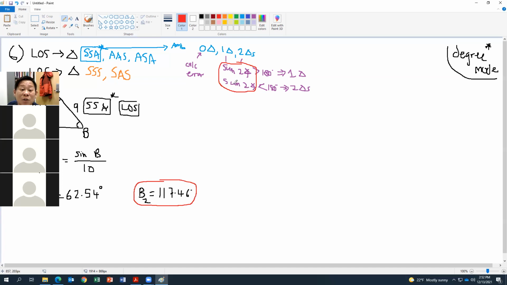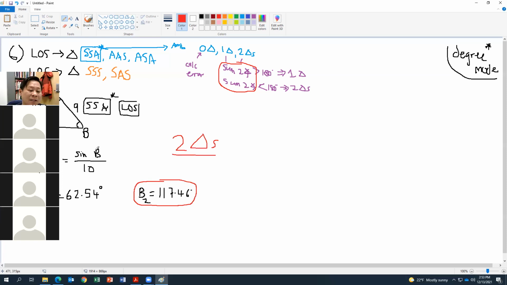So when I ask for the sum, you're summing B2, the supplement, and the angle given to us in this case. Class, when you add this, is that more than or less than 180 degrees? Less than. So that means this has how many triangles? Two triangles.